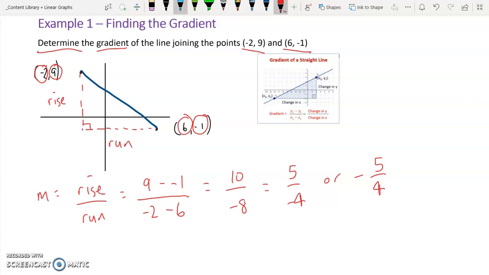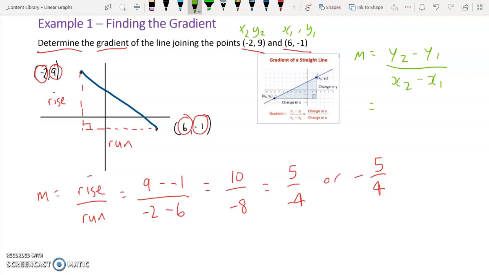Alternatively, you can just use a formula, because it takes a bit to draw up the graph, but essentially it's what we've done here. We can call this one here x1, y1, and this one here x2, y2, and substitute into the formula.